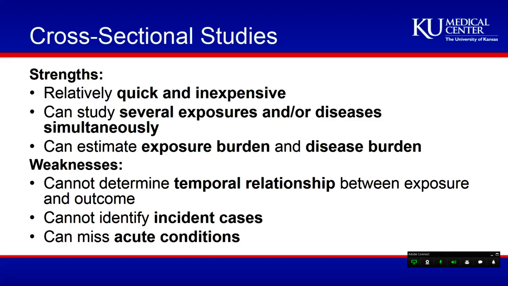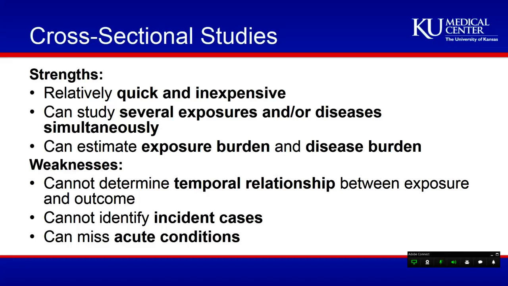If you have data, you can look for associations in a lot of things, right? To generate hypotheses that you might then go and try to find data for a case control study or a cohort study, to then establish the temporal sequence between exposure and outcome. You can also study many different exposures and many different diseases simultaneously. It's kind of like data mining, right?